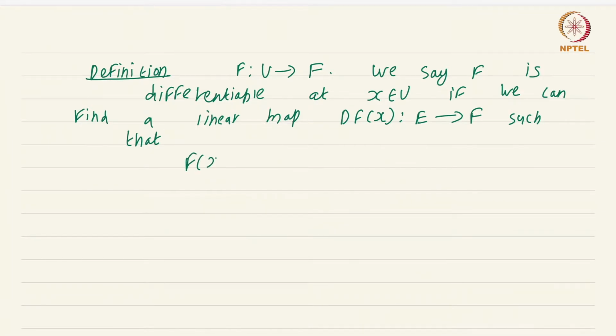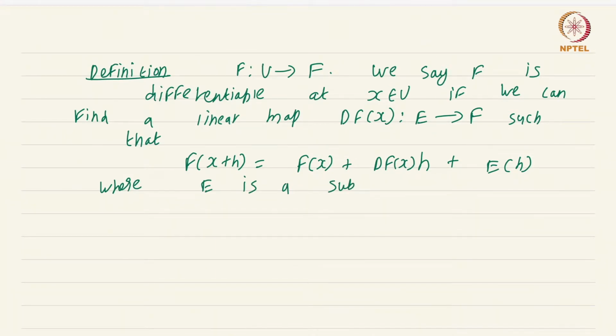That is, f of x plus h is just f of x plus dfx acting on the vector h plus E of h, where E is a sublinear function. To be more precise, limit h going to 0 of E of h by norm h is equal to 0.